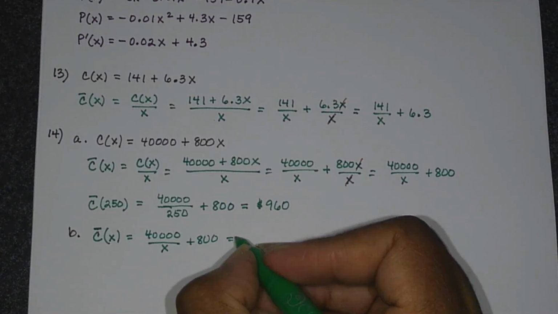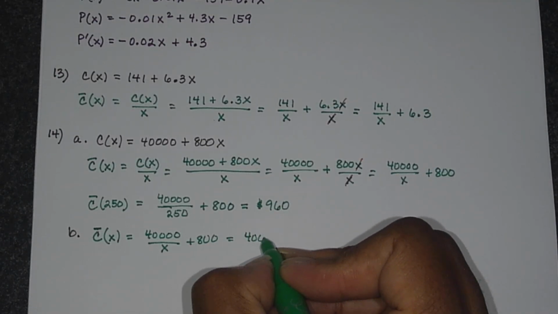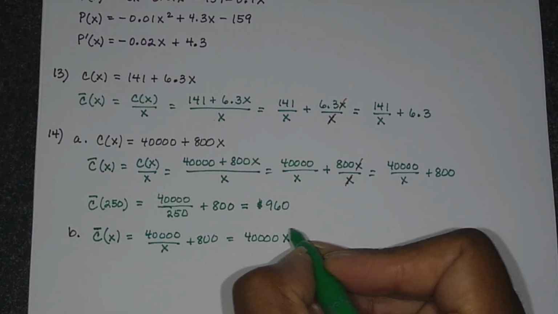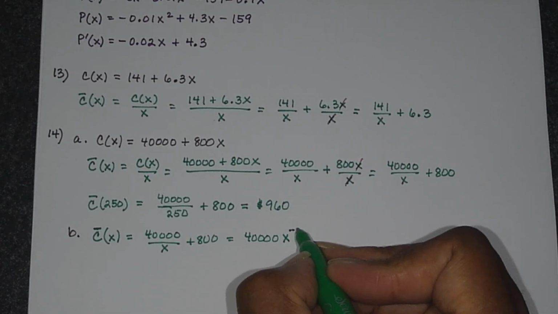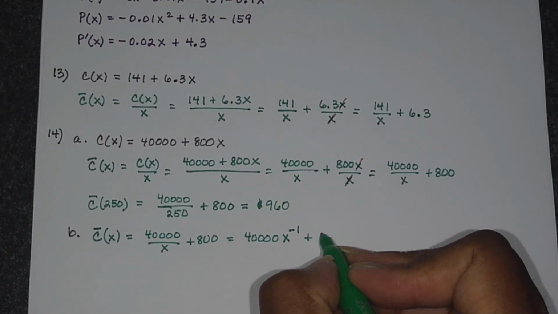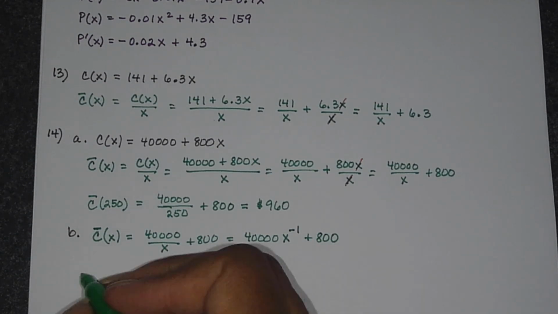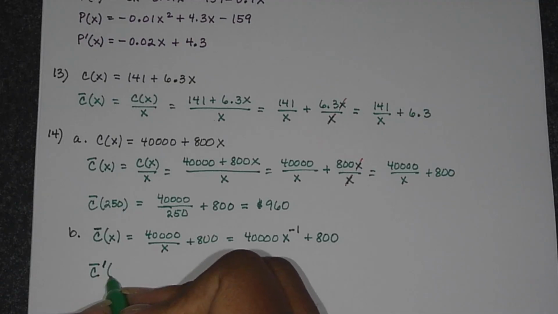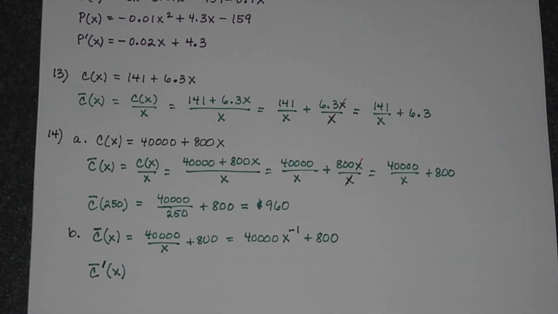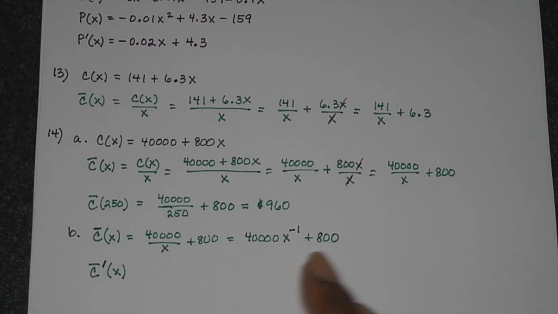And I'm going to write this using negative exponents. So this will be 40,000 times x to what power? Negative 1 plus 800. Now C bar prime of x, we take the derivative of this function right here.